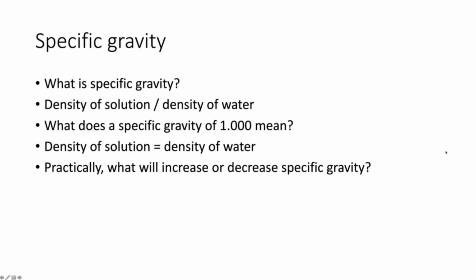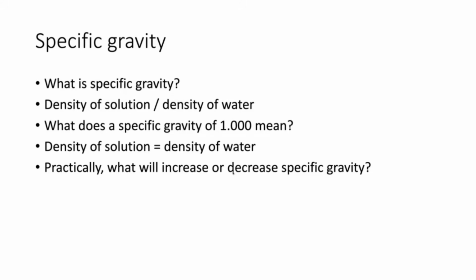But yeah, great. So Alexa, practically, what will increase or decrease your specific gravity? Increasing the specific gravity of your urine would be like having more solutes in your urine. Like what circumstances would that be? I'm blanking right now. It's the same question as what changes osmolarity, right? If you want to increase your osmolarity, you either need more solute or less water.